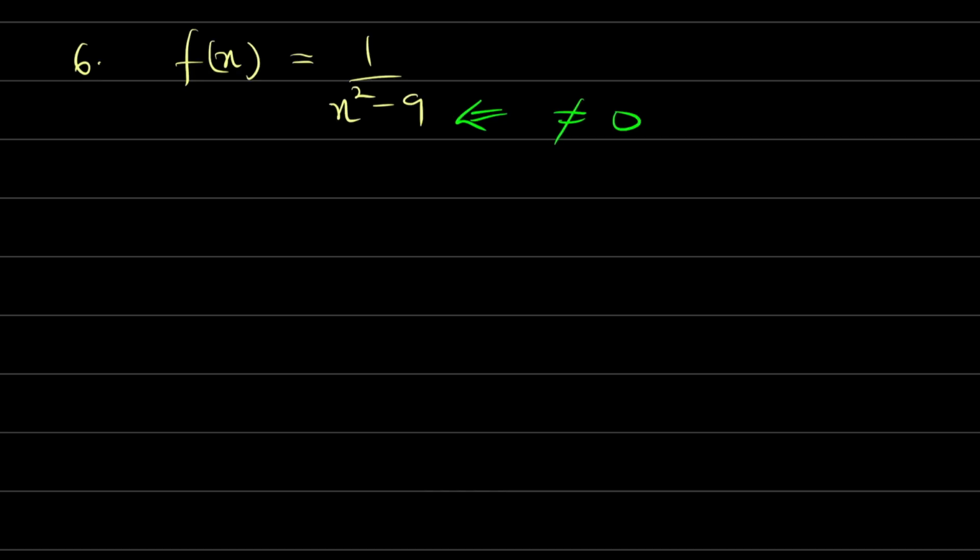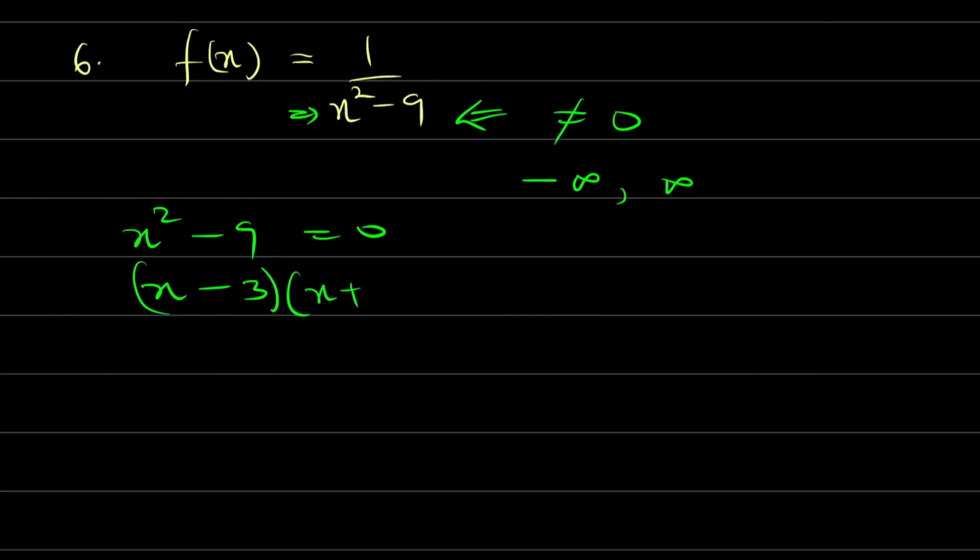What I mean by that is we have to find every other value of x which is a real number and must not make the denominator equal to 0. So we need to first of all set it equal to 0 and get the value, which is (x minus 3)(x plus 3) using difference of two squares.